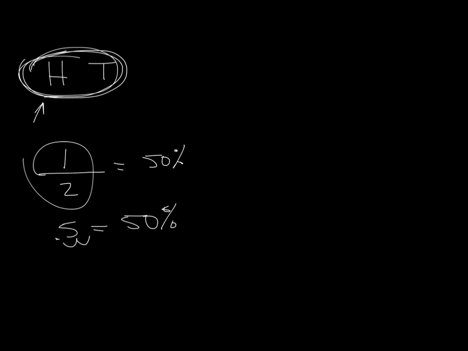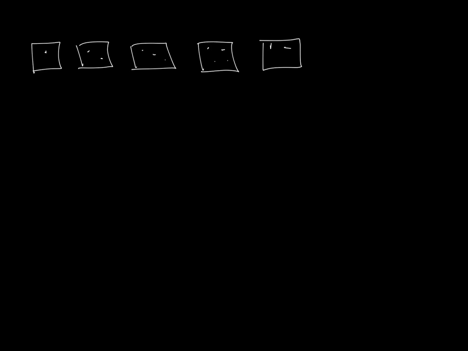Now let's look at rolling a dice. When you roll a dice, you have a choice of getting a 1, a 2, a 3, a 4, a 5, and finally a 6.